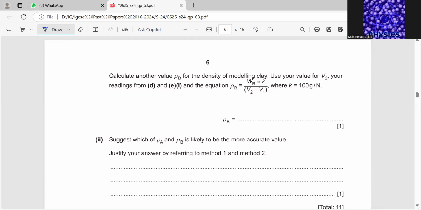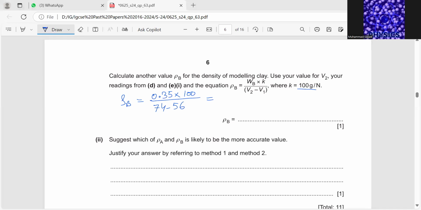Now, rho B is equal to WB, which is 0.35 times K, that is mentioned 100 gram, over V2 minus V1. It means it's 74 minus 56.